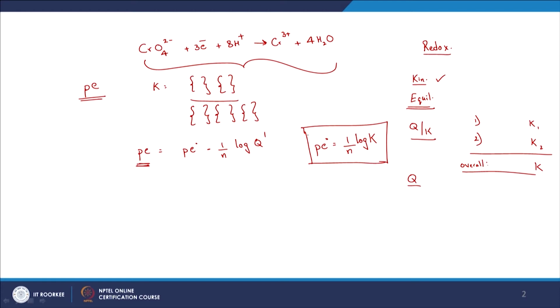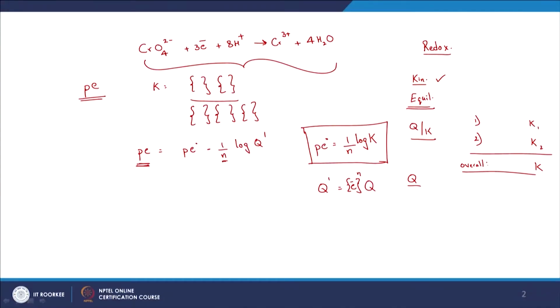Q dash is nothing but Q multiplied by the electrons raised to the stoichiometry of the number of electrons being transferred. And n is the number of electrons being transferred, which in this example would be 3.